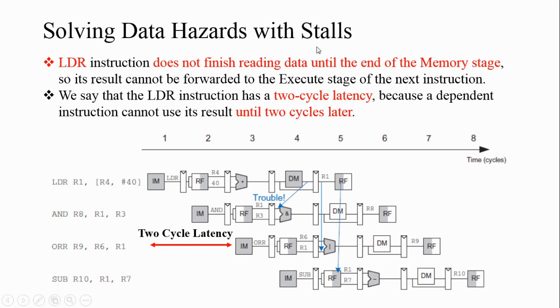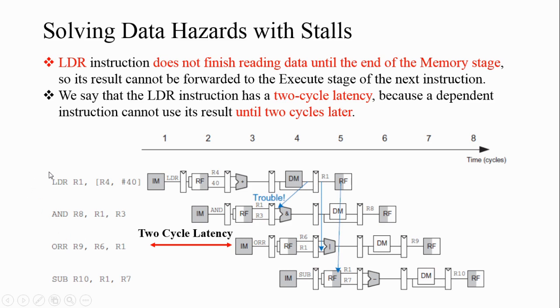Similarly, the other technique for solving the data hazard is pipeline stalling. What do we mean by pipeline stalling? Here you can see one load instruction. Keep in mind that a load instruction finishes reading the data only at the end of the memory stage.